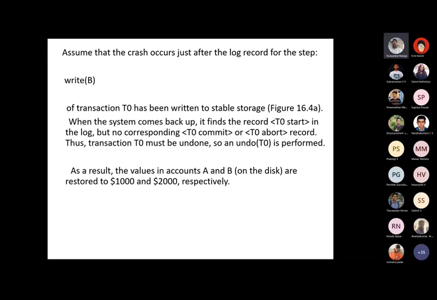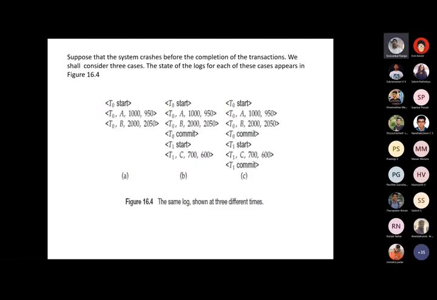So assume that the crash occurs after the log record for the write of B operation of transaction T0 has been written to the stable storage, right? So the write of B operation has been done in case A, but the transaction T0 is not committed, right?